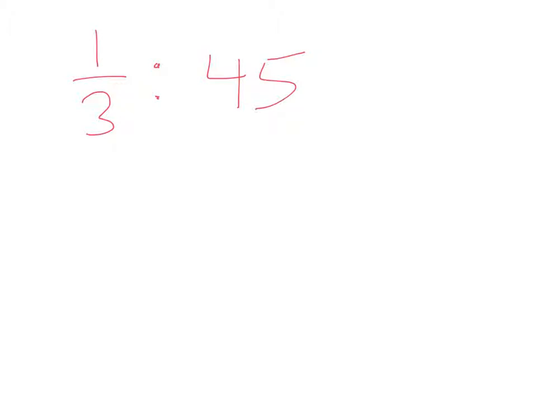In number 4, when we had 24 to 8, yes, I could have divided those two, and it did give me 3, which was the same thing as 3 over 1. But over here in number 1, 1/3 to 45, if we look at it as just division, 1/3 divided by 45 will give me a fraction as my answer, which in turn, again, a fraction is the same thing as a ratio.